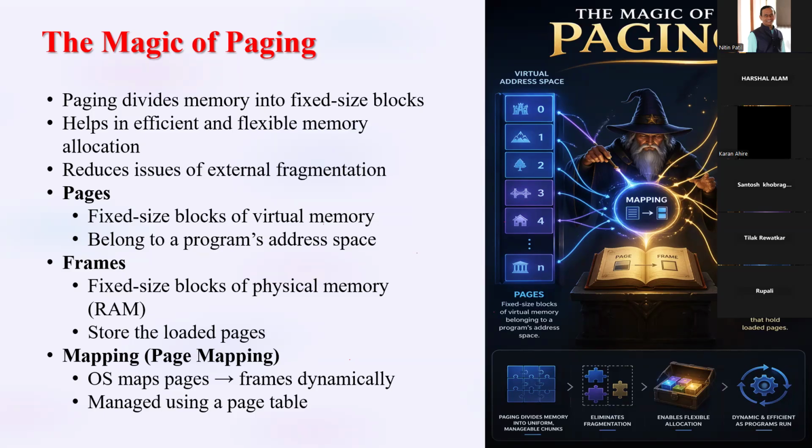How does it translate a virtual address into a physical address instantly? Now, the answer lies in the next thing, something called the page table. And that's where we will be understanding what the memory management unit is and how paging works.